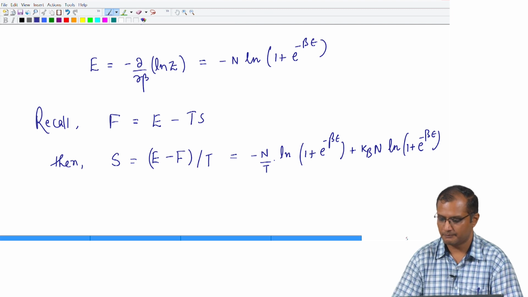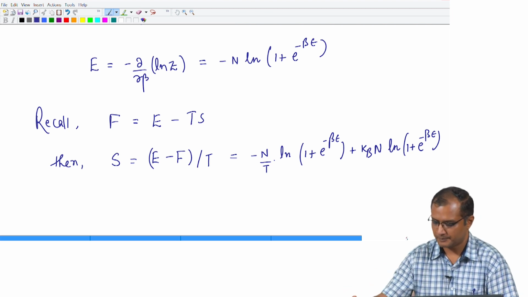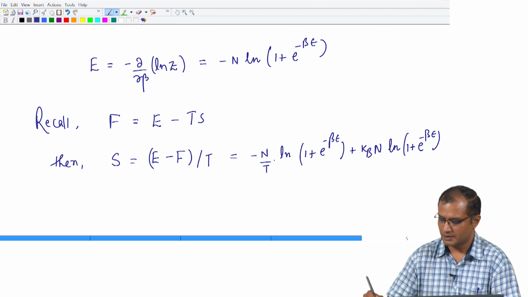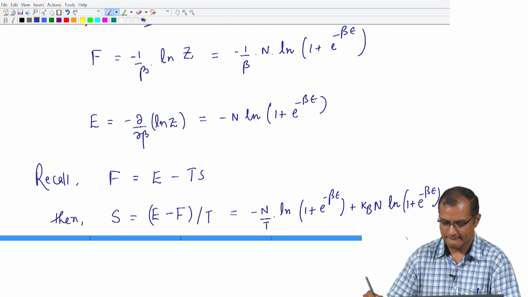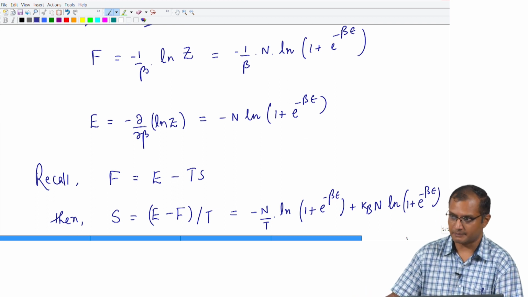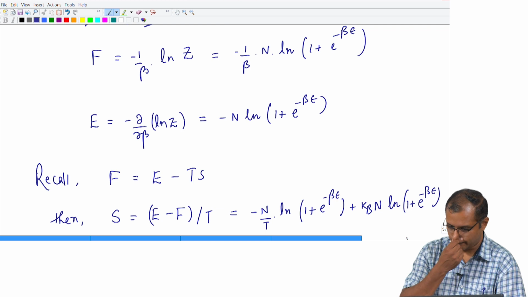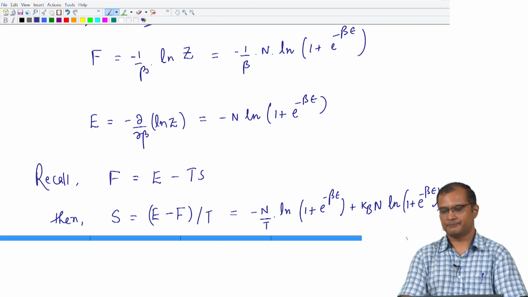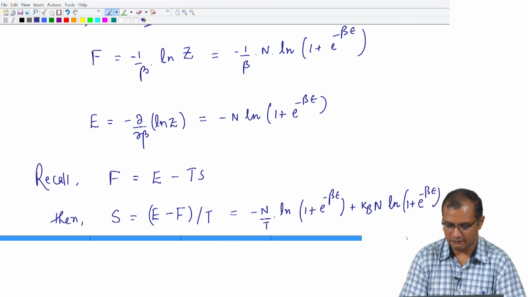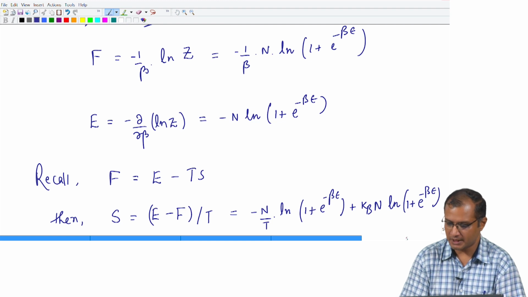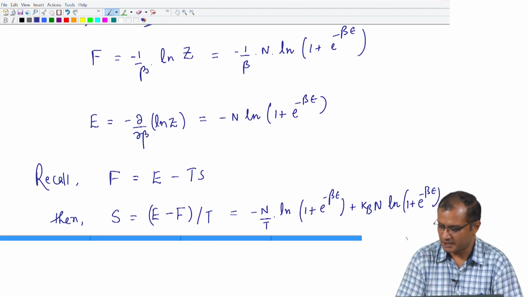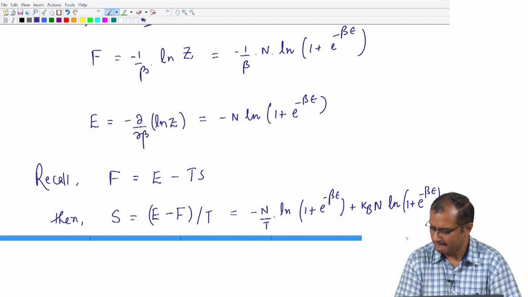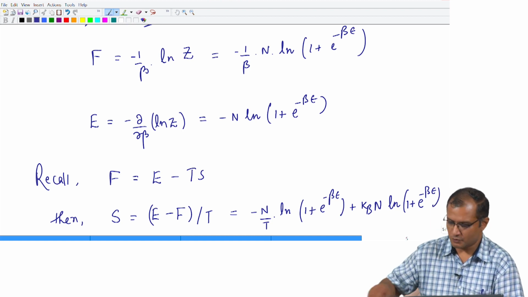Okay. So, F is already minus 1 upon beta. Okay, so it is like, yeah, if I multiply by minus 1 by T, so I just have a k_B there. So, that is the expression for entropy.